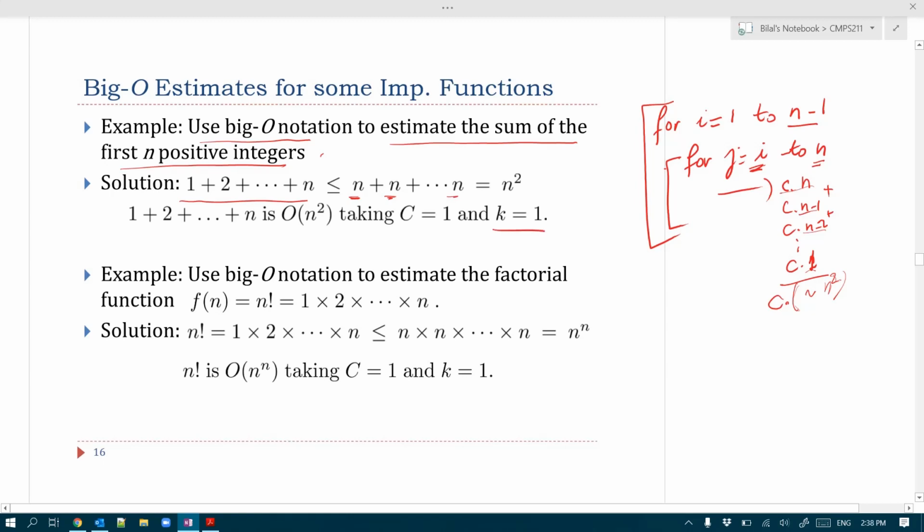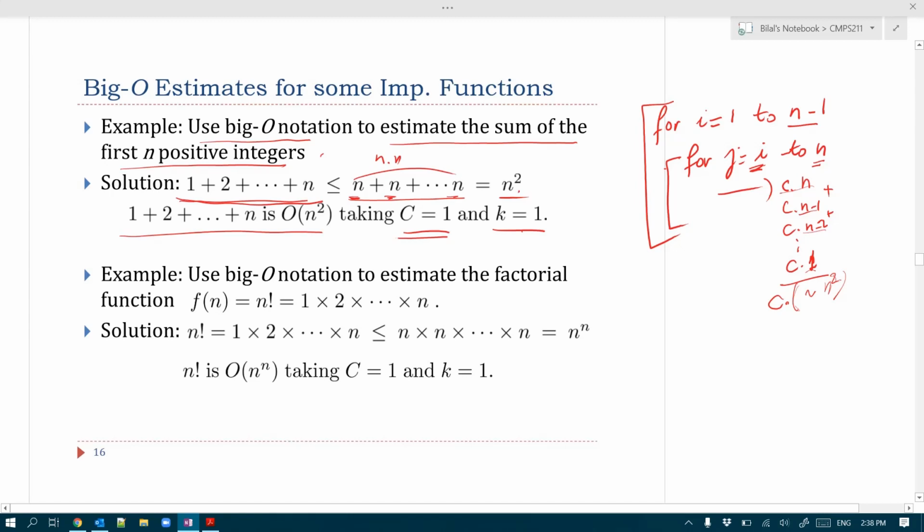In this case, the summation of all those n's is equal to n times n, which is n squared. This is why we can confidently say that for k equal to 1, and for every n strictly greater than k, this summation 1 plus 2 plus up to n is less than or equal to 1 times n squared.